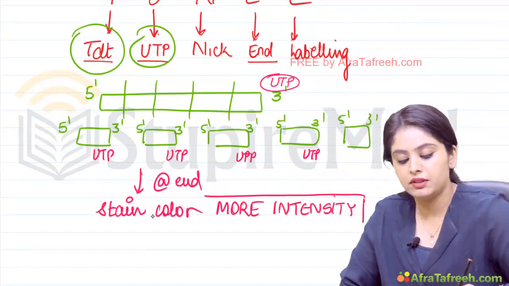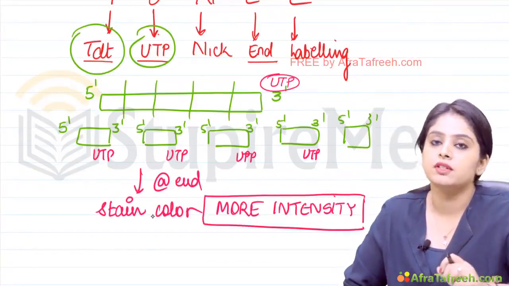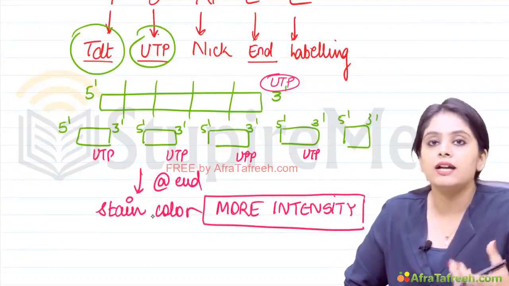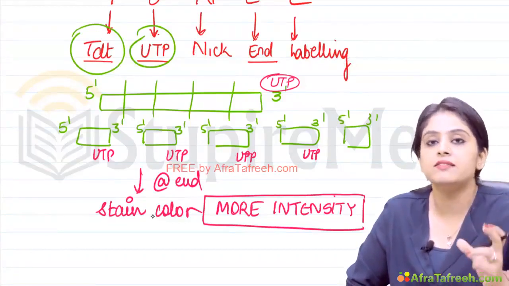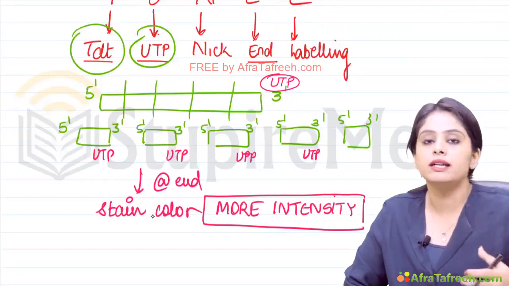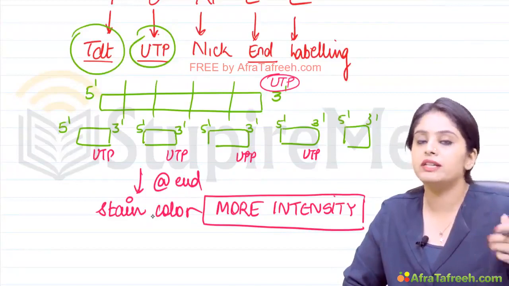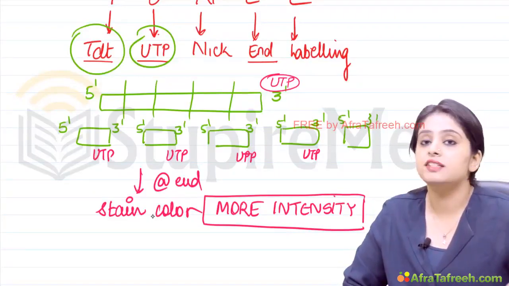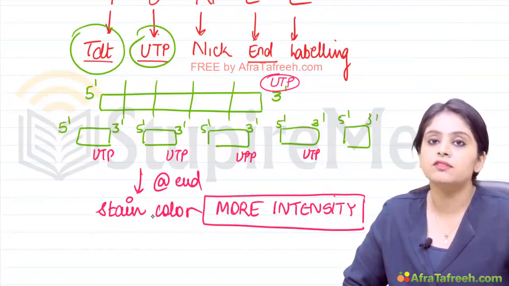So this is very important. Nick end labeling is nothing but a staining procedure. In this staining procedure, the more UTP is added, the more stain we get in the end. The intensity will depend on the amount of UTP that was added. Obviously, in a broken DNA with so many 3' ends, more UTP is added, which means more intensity of the staining. So this is a very important feature that is seen only in apoptosis. This is not seen in other forms of cell death.